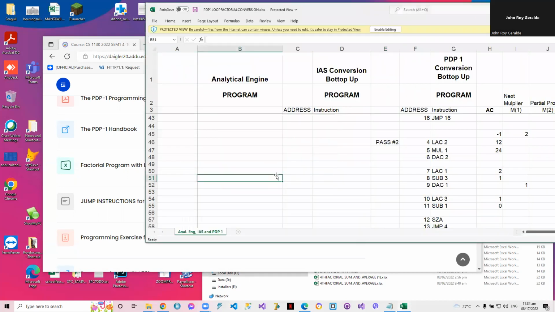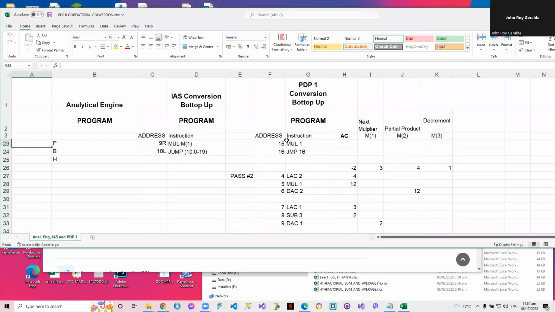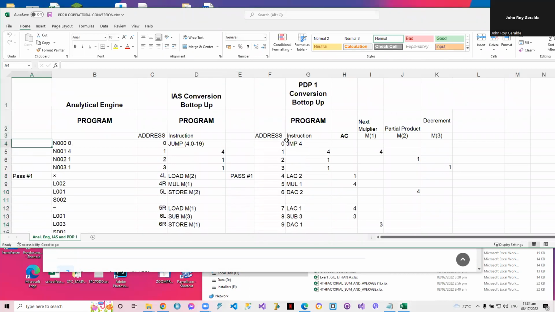So what I have here are three versions of the program. The same factorial program, which we translated from the analytical engine to the IAS. Fortunately, we'll only translate bottom up, although we can do top down because there's a jump plus in the DEC PDP-1.